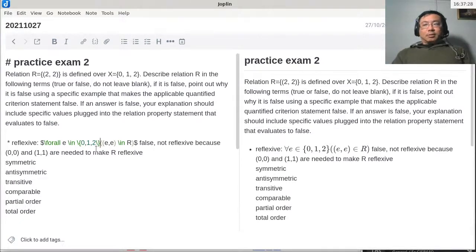Adam is correct. 0, 0, 1, 1, and 2, 2, they all have to be in R in order for R to be reflexive. We need all three to be elements in R. When I said 3, I meant 0, 0 as a 2 tuple, 1, 1 as a 2 tuple, and 2, 2 as a 2 tuple. There we go.